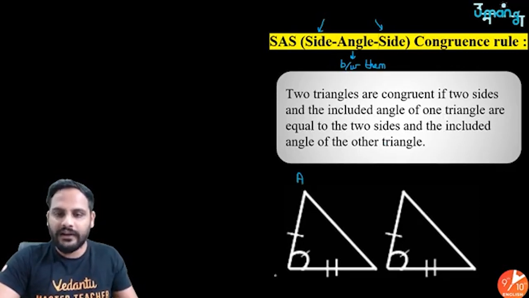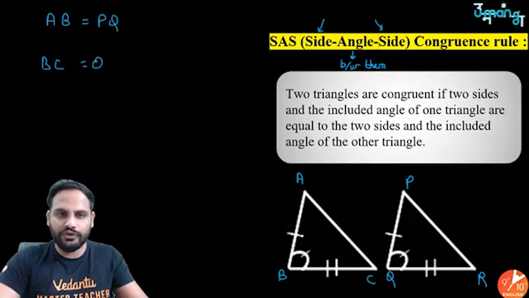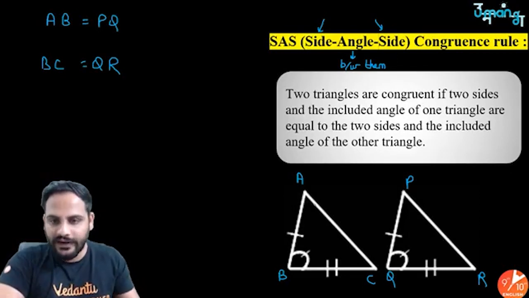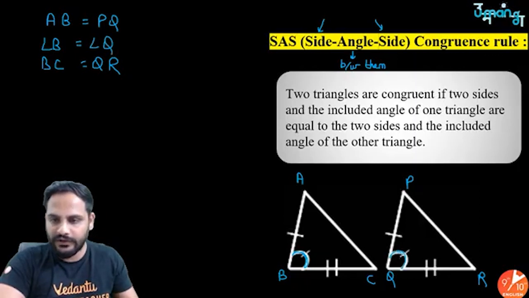For example, here we have ABC and here we have PQR. If I give you that AB is equal to PQ and I give you that BC is equal to QR, and between the sides AB and BC we have angle B, and angle B is equal to angle Q, which is the angle between PQ and QR.